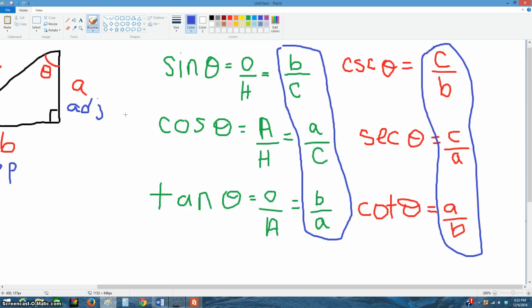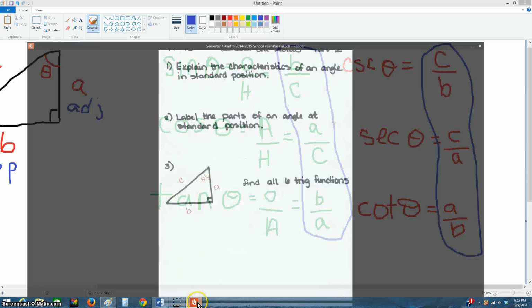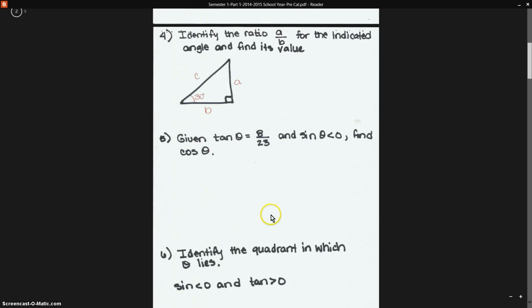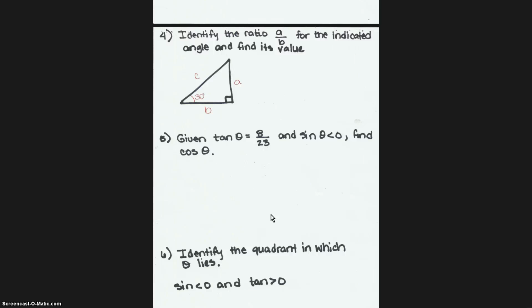Okay, number 4. Let's take a look at number 4. Identify the ratio A over B for the indicated angle and find its value. Okay, so let's go ahead and take a look at it. It's a right triangle, and the angle that we're looking at is a 30-degree angle.